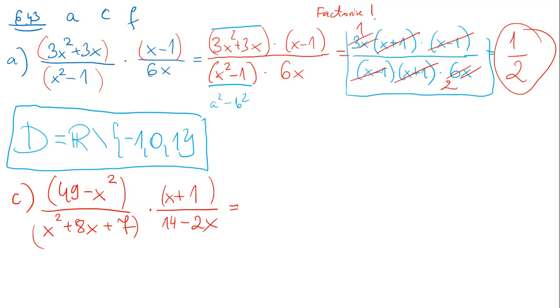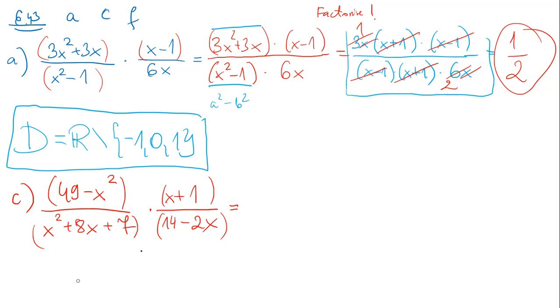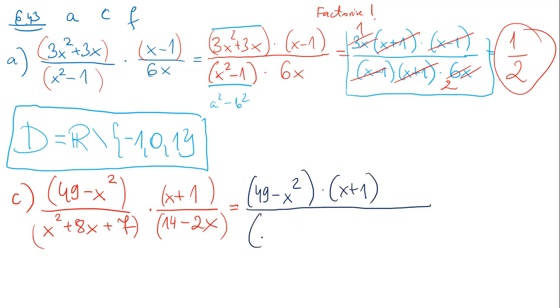Right, and I will wait with the domain again. Right, so first let's multiply the top polynomials and the bottom polynomials. So I get 49 minus x squared plus 1. And in the bottom we have x squared plus 8x plus 7 times 14 minus 2x. Okay. Alright, and now factorize, right?